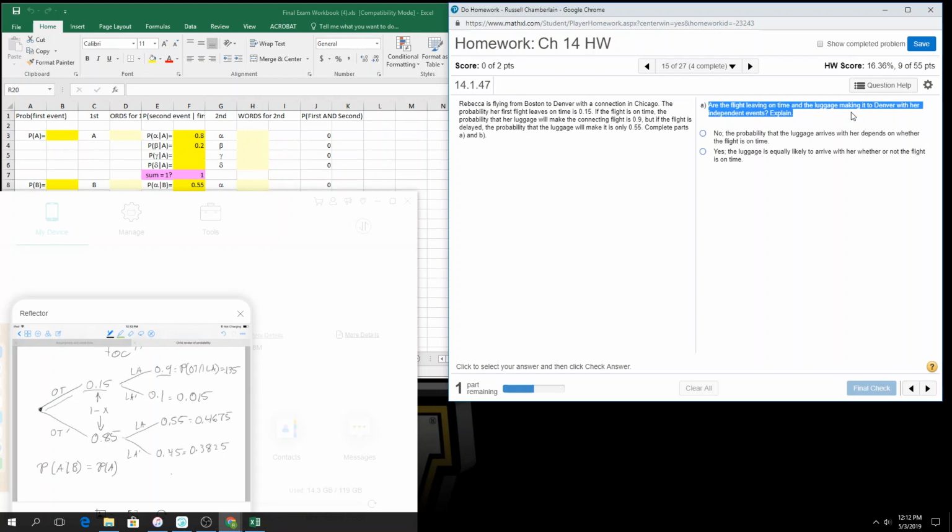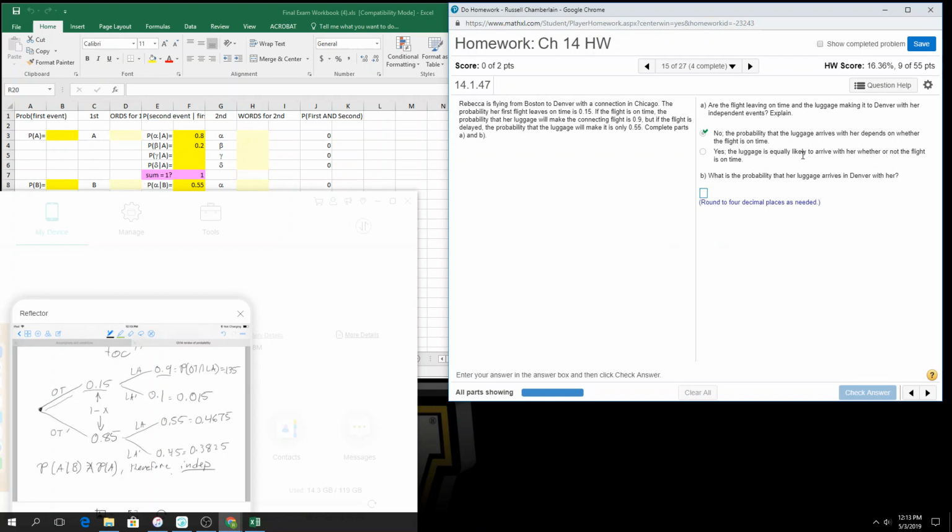If I didn't arrive on time, I only have a 55% chance, right? So this is not the case. Therefore, not independent. So, are they independent events? No. The probability that the luggage arrives with her depends on whether the flight is on time. Boom. Final check.